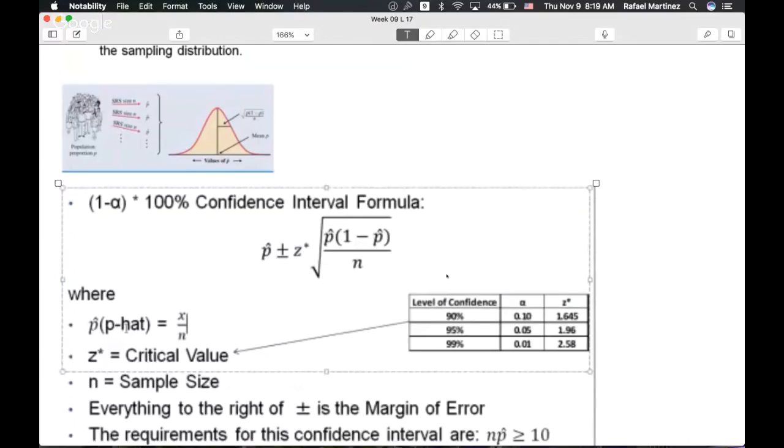The one you were talking about is for finding the sample size. Oh.